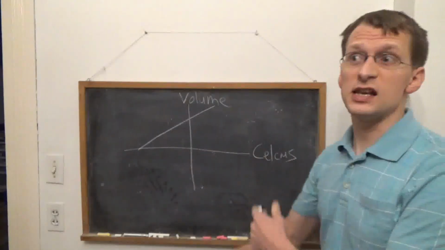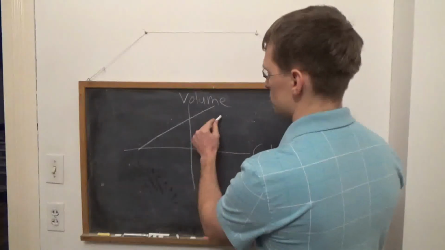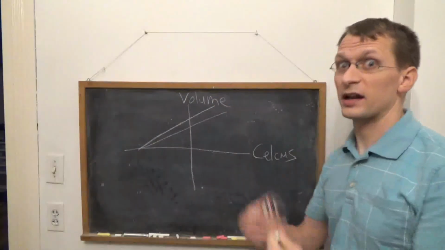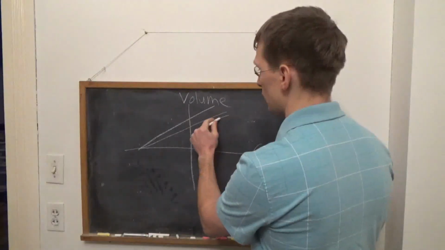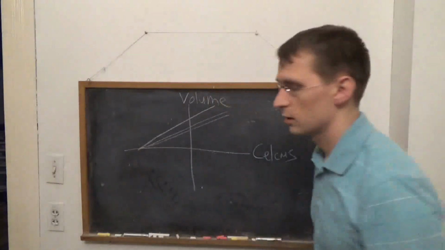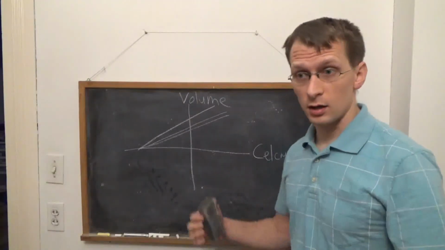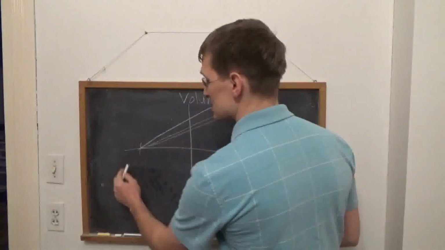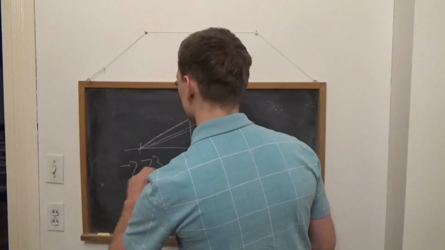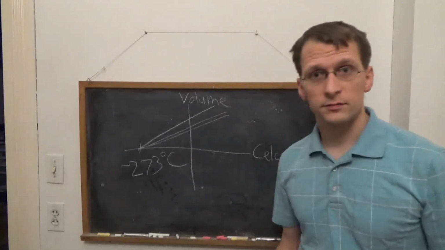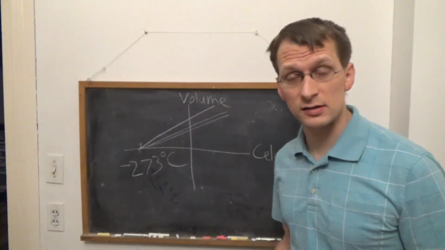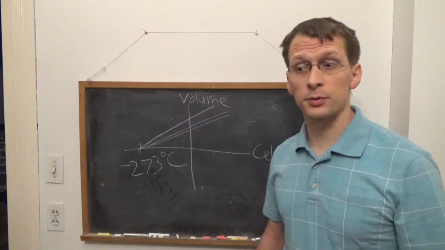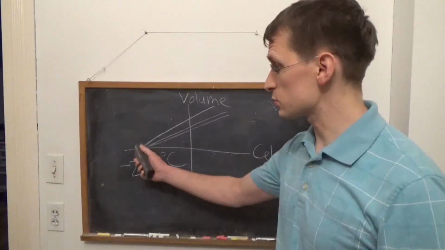And then they tried another ideal gas, and they got it going there. And they tried another ideal gas and got it going there. They all kept having a 0 volume come up at the exact same point: negative 273 degrees Celsius. So in 1848, Lord Kelvin proposed using a scale where this was 0.